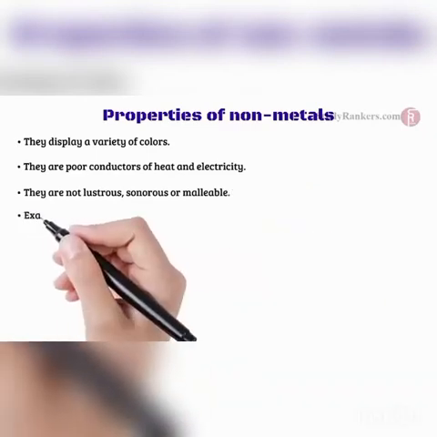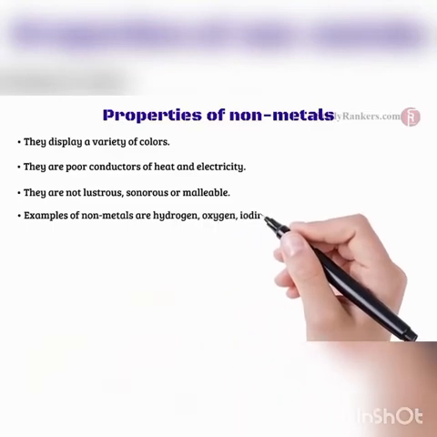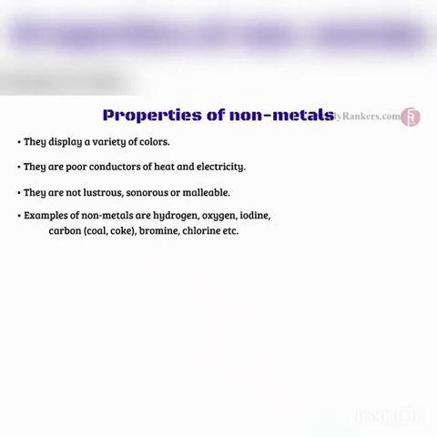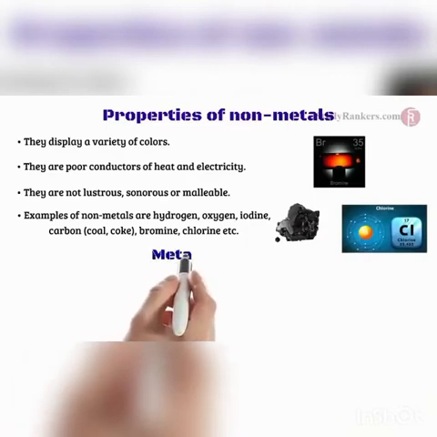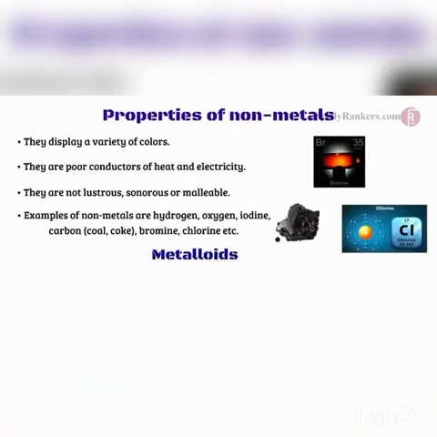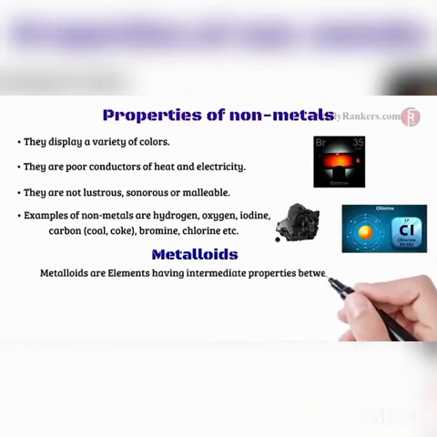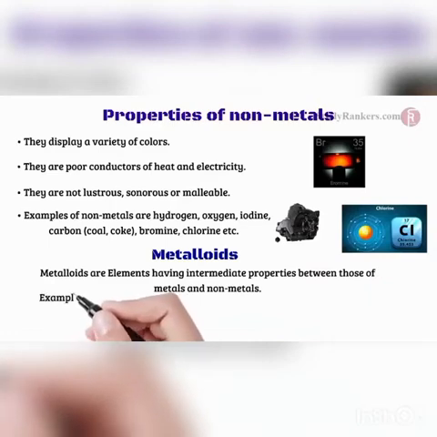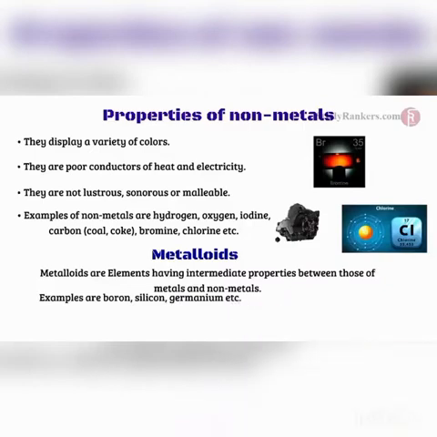Examples of nonmetals are hydrogen, oxygen, iodine, carbon, coal, coke, bromine, chlorine, etc. Lastly, the metalloids: elements having intermediate properties between those of metals and non-metals are called metalloids. Examples are boron, silicon, germanium, etc.